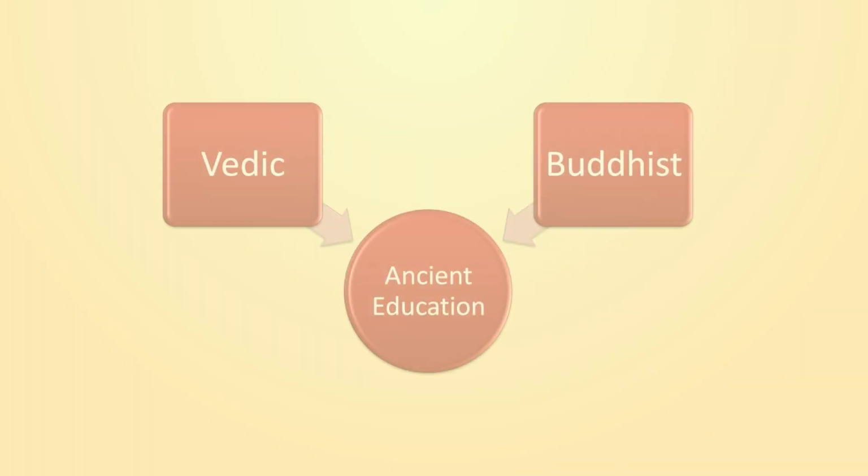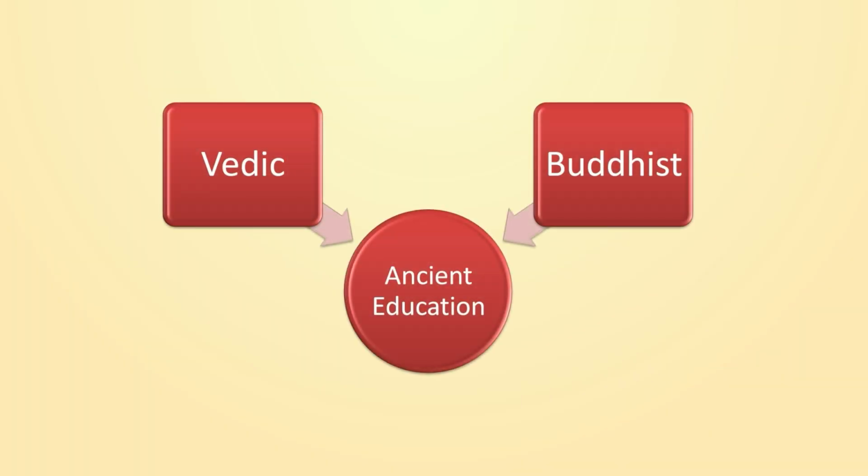As I mentioned, in this lesson we will be concentrating on the ancient Indian knowledge system and education system. From the ancient period till Indian independence, the different education systems provided in Indian society can broadly be classified into three categories. One is the ancient time, which includes our Vedic period as well as the Buddhist period.